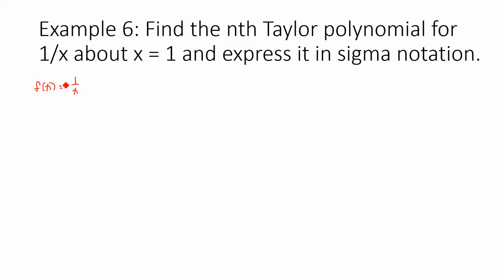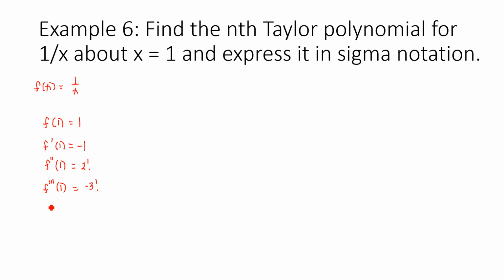The computation is similar to the previous example, so to shortcut: f of 1 is equal to 1, the first derivative of f of 1 is equal to negative 1, the second derivative of f of 1 is equal to 2 factorial, then the third derivative of f of 1 is equal to negative 3 factorial.